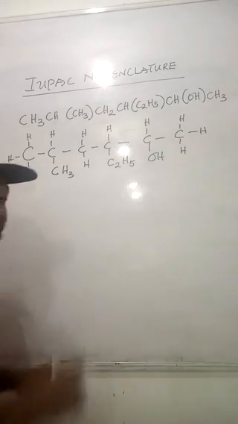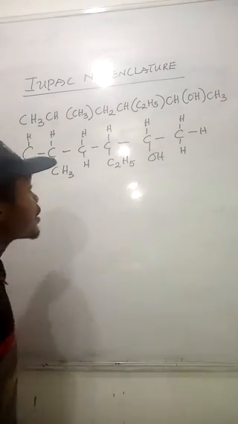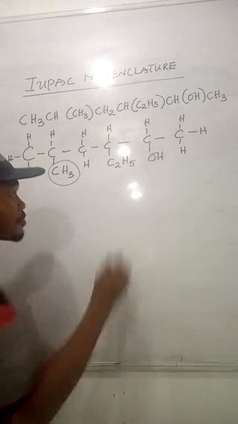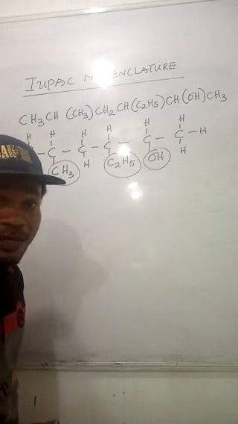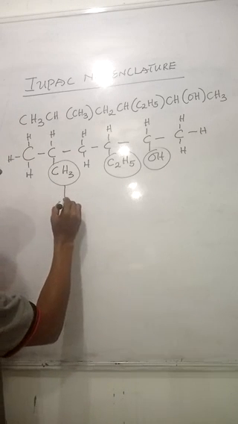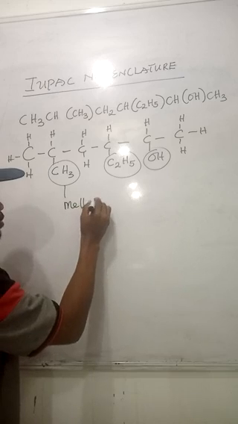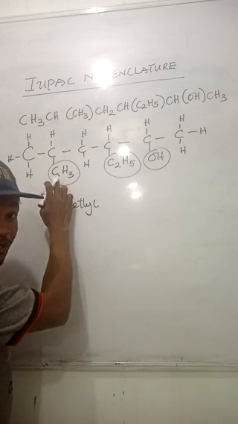Now, looking at this critically, one could see from this expression that we have 3 substituents. This is a substituent, this is a substituent, and this is a substituent. So this substituent is a methyl substituent. Why? Because it has lost a hydrogen.